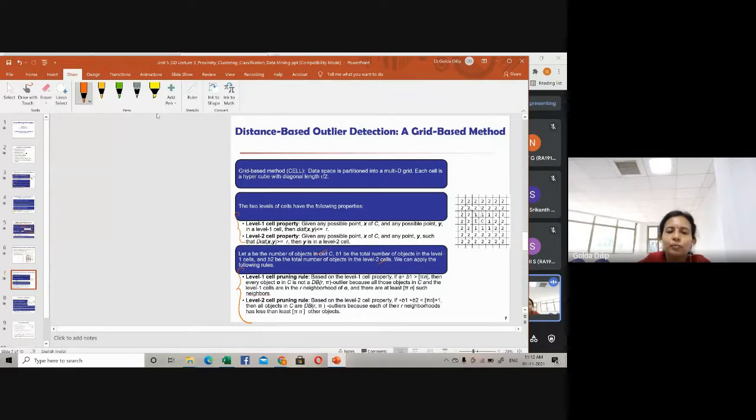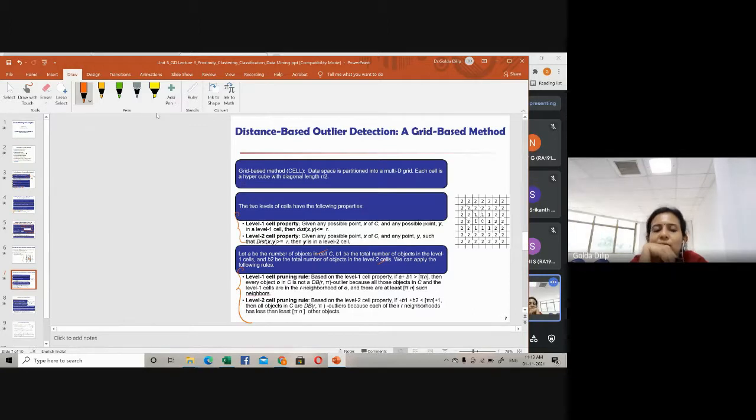The level 1 cell pruning rule is based on the level 1 cell property. If A plus B1 is greater than the fractional threshold pi times n, then every object O in C is not an outlier, because all objects in C and the level 1 cells are in the user-specified R neighborhood of O, and there are at least pi times n such neighbors.